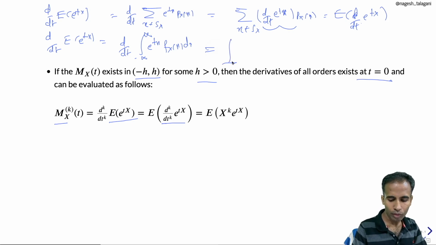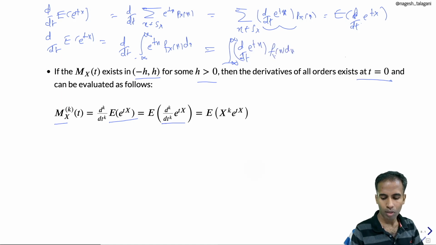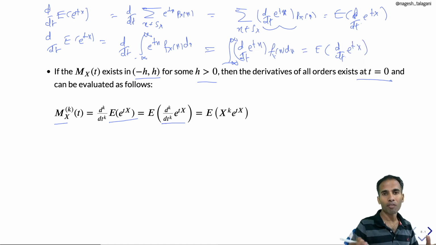That is d by dt of e power tx f of x dx. Now this looks like expectation of d by dt e power tx. Even if you perform this k times, you can just repeat this.